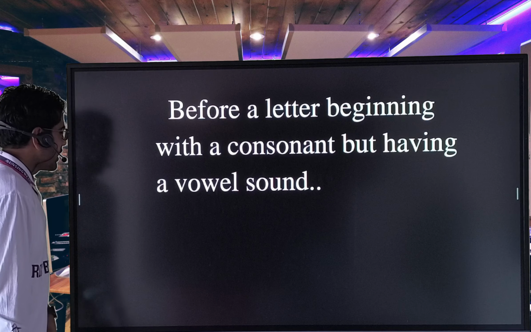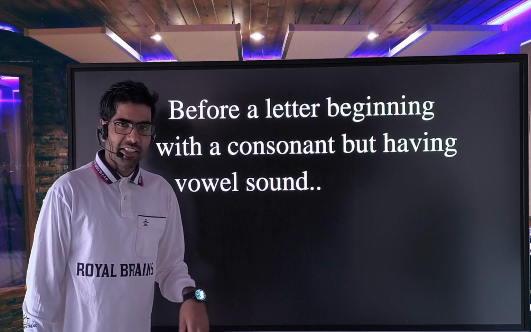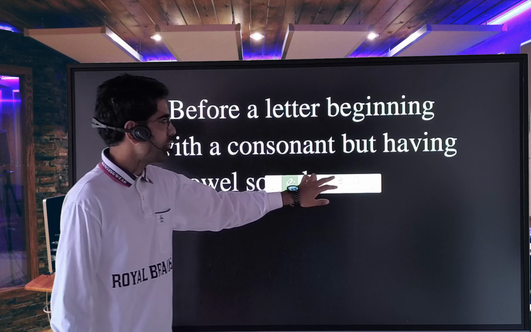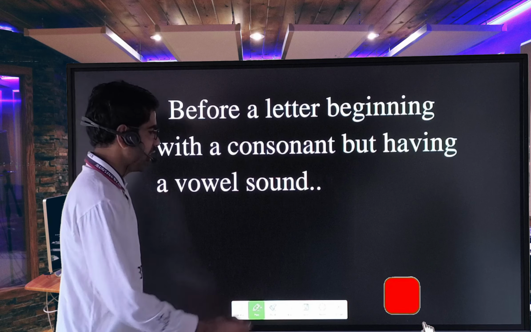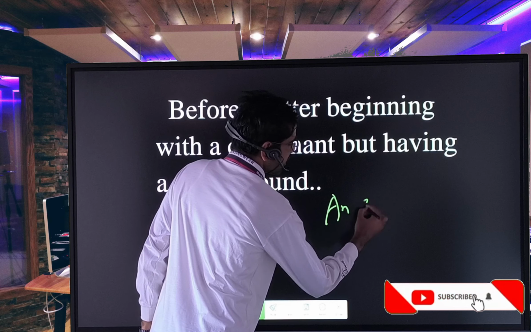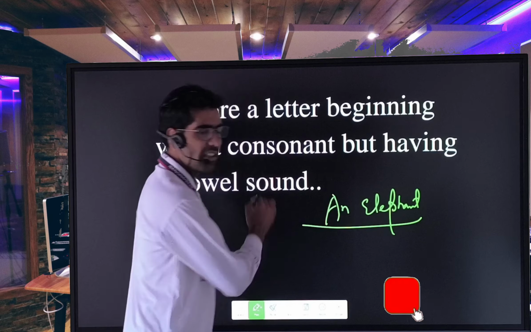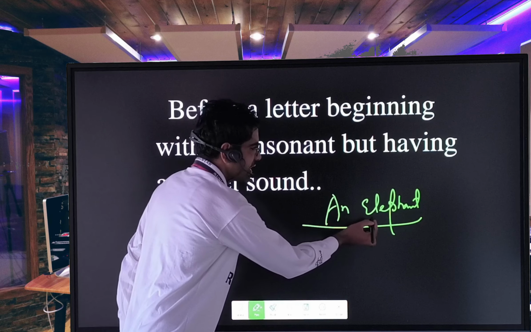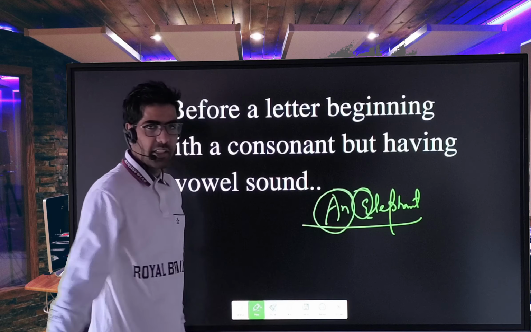So the rule is that "an" is used before a letter beginning with a consonant but having a vowel sound. For example, if I say here "an elephant", yes, definitely E is a vowel letter, so we have to use article "an".